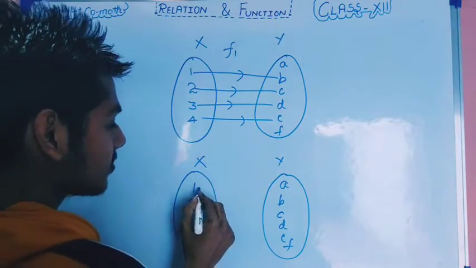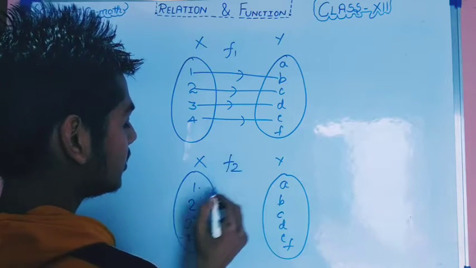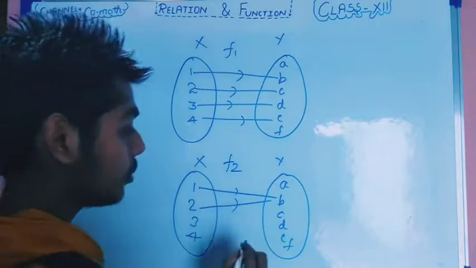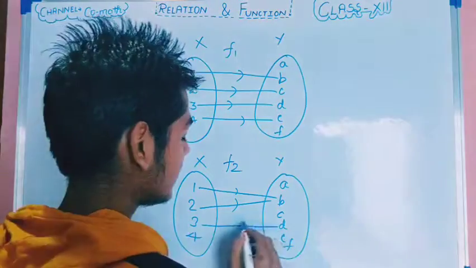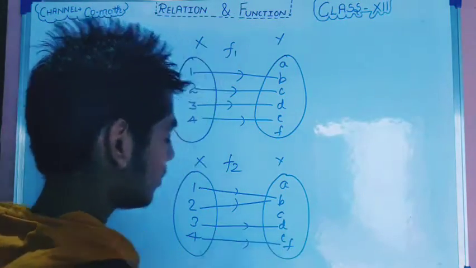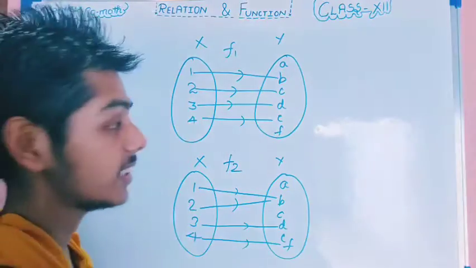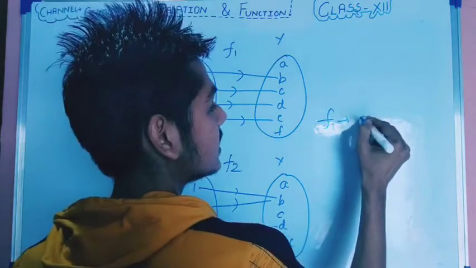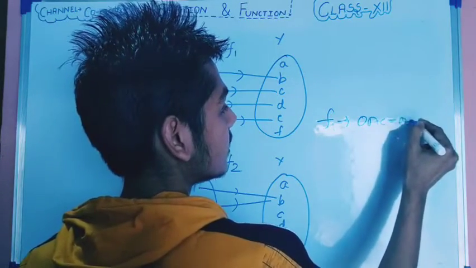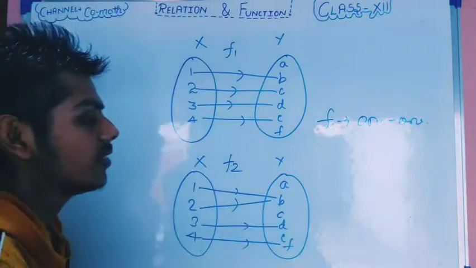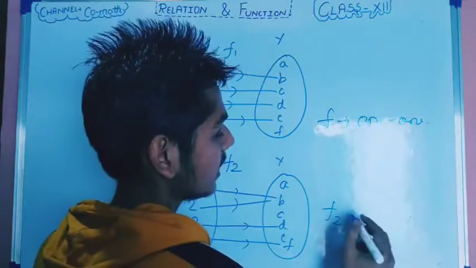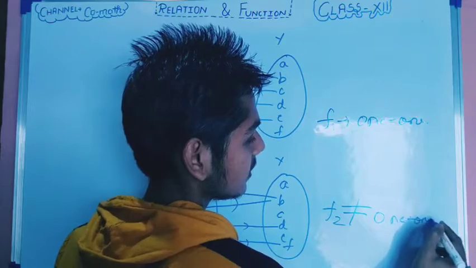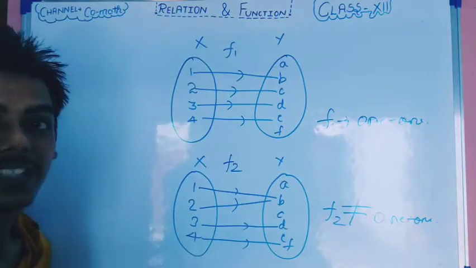And under function f2, elements 1 and 2 have the same image b, while the element 3 has an image d and element 4 has an image f. So here the function f1 is considered as one-one, while the function f2 is not one-one.